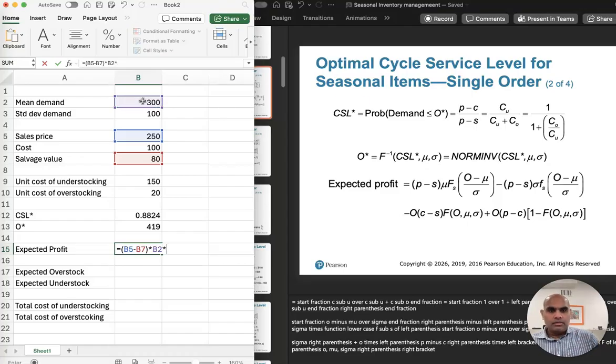Times, when you have the capital F there, that's norm.s.dist. You see the S at the bottom, which means it's a standard normal distribution, not the general normal distribution.